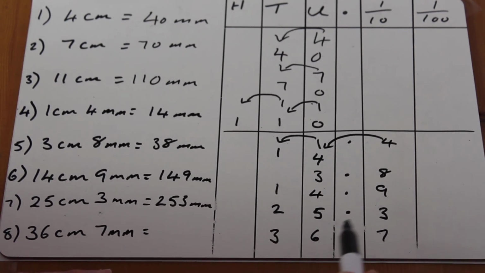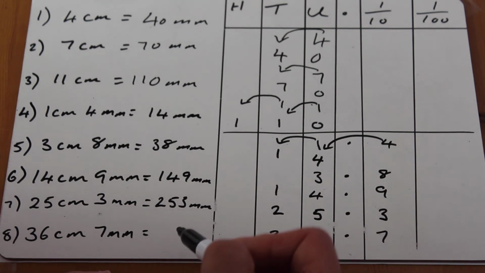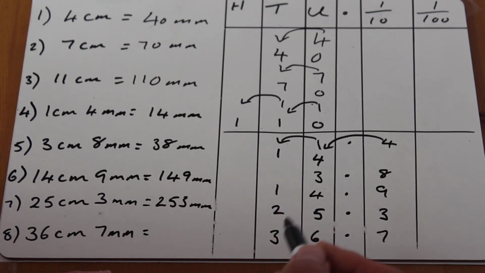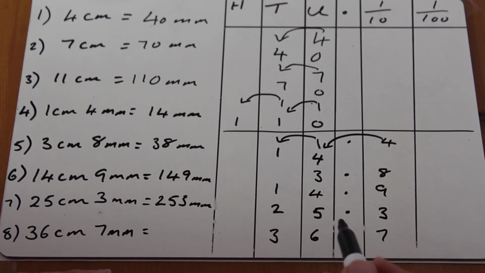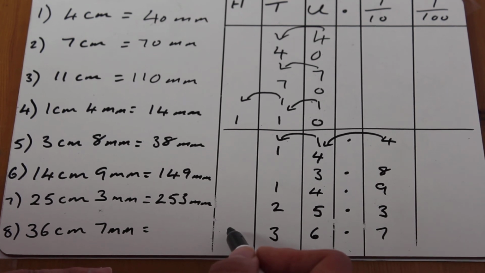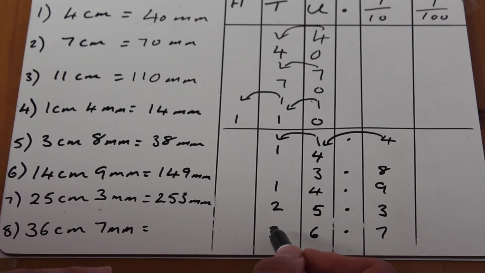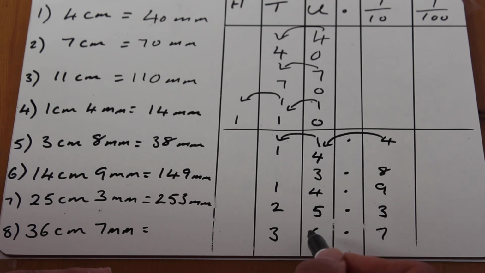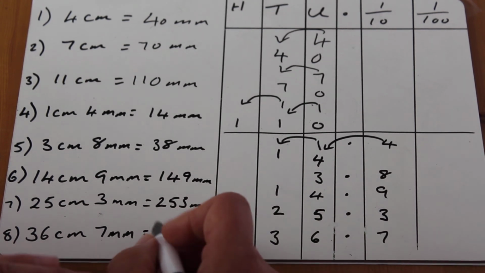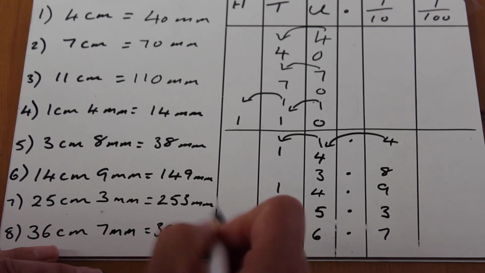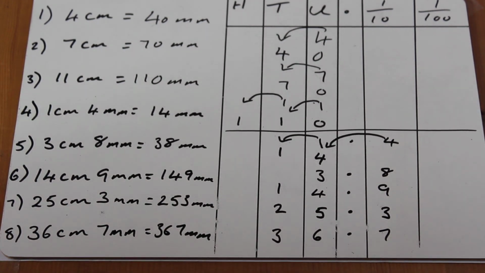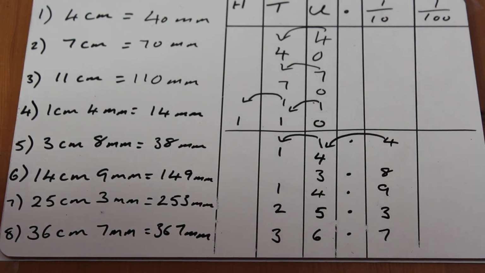That means now I need to make everything 10 times bigger, because that's all we're doing for the whole of this lesson, making every number 10 times bigger, because there are 10 millimetres in a centimetre. 3 jumps across into the hundreds, 6 jumps across into the tens, 7 jumps across into the units, which gives me 367 millimetres. And that's how we change centimetres into millimetres.